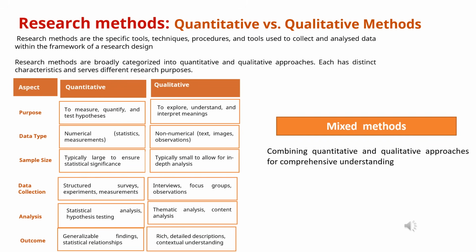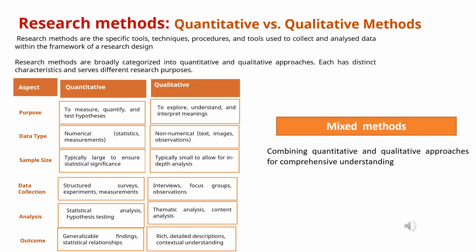With respect to qualitative method, the purpose here is to explore, understand, and interpret meanings. And the data type here will involve non-numerical data. It could be text, it could be images, it could be just anything observational. Then, in terms of sample size, for qualitative method, the sample size typically is small to allow for in-depth analysis.